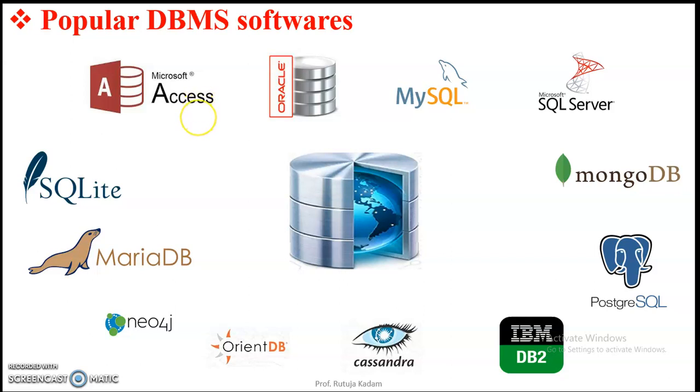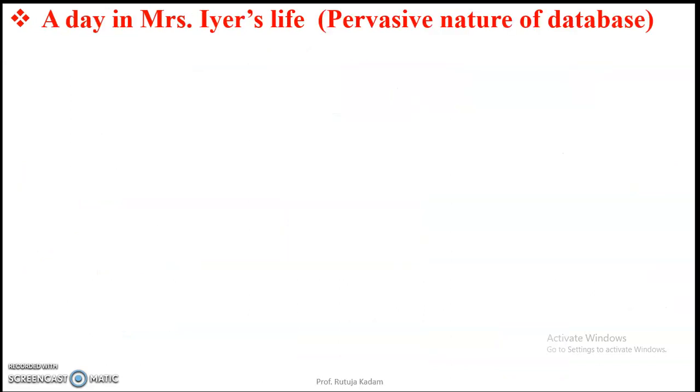You can use any flavor and perform database operations, but keep in mind these are the popular DBMS softwares that are available. At least if you have not used them, you might have heard about them.